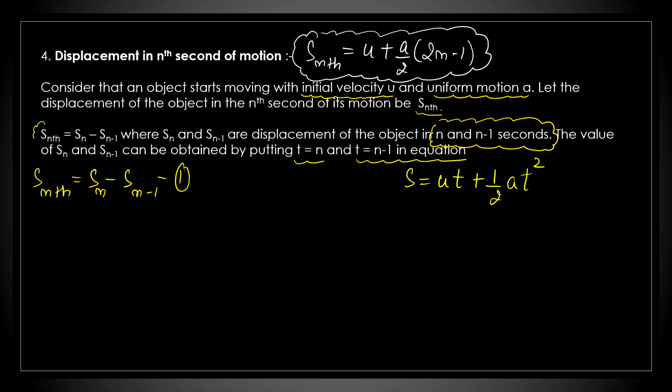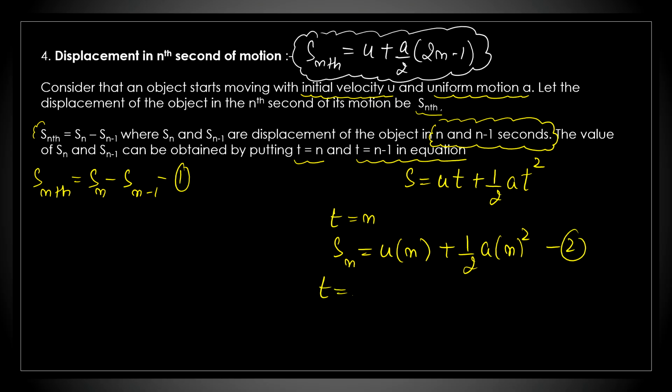Here t equal to n, then Sn equal to u into n plus half a n square, which is equation second. Then when t equal to n minus 1, S n minus 1 equal to u into n minus 1 plus half a into n minus 1 whole square, which is equation third.